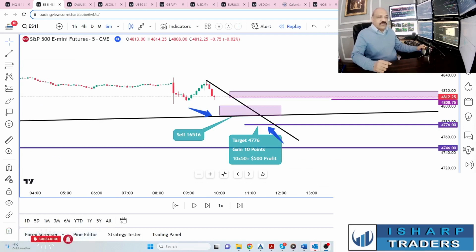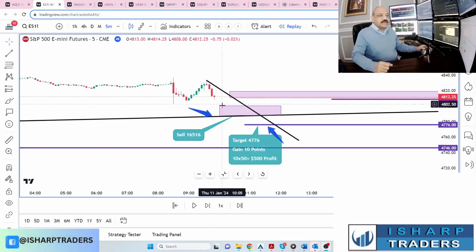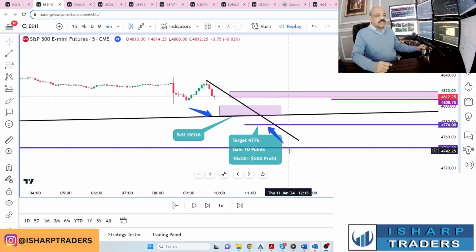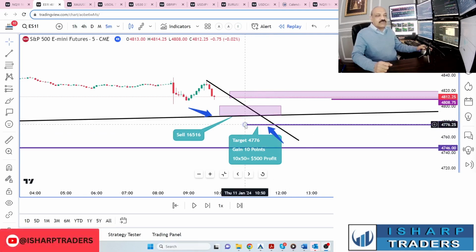Let's see how the trade is set up, and we draw our box. If the market breaks this box or my trend line, that is my target. I have this other target also, but we'll look for this target first. If it breaks this area, it's going to go further down, but if not, we're going to exit out here.